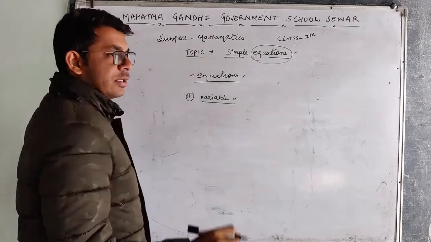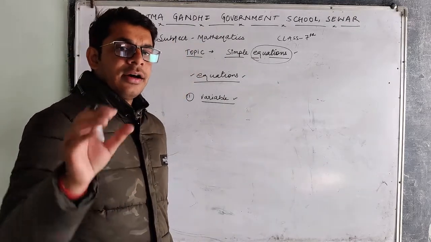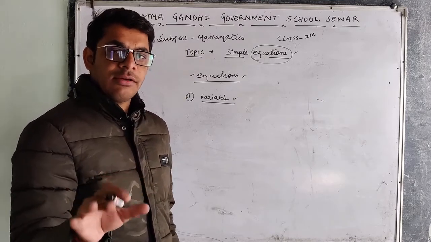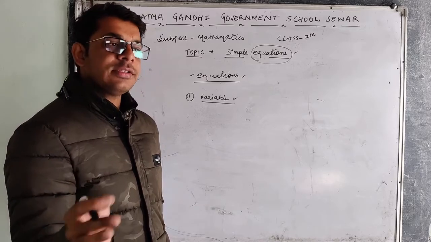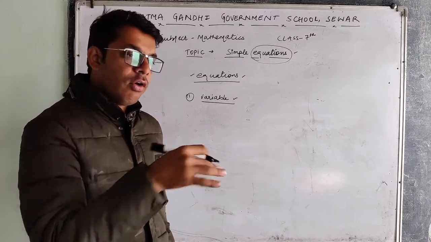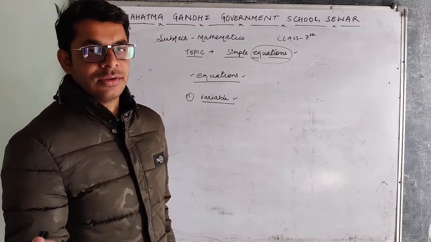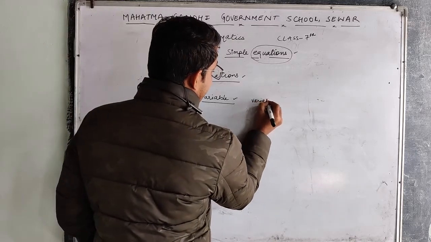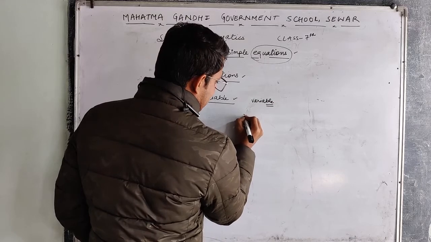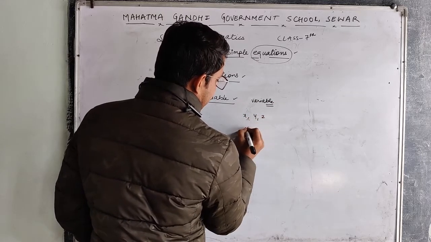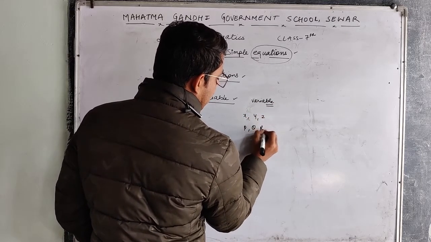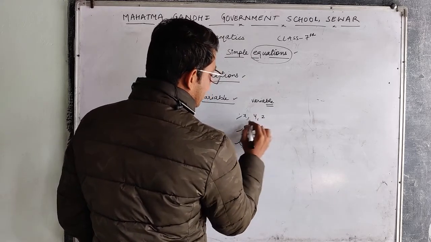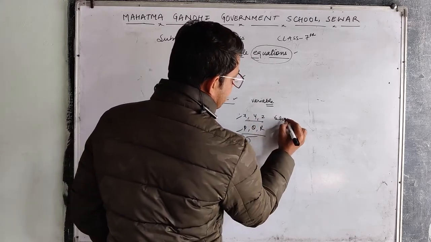If we are taking anything which has a versatile or volatile value, which means the value of anything changes with situation, it's called variable. Like if I say x, y, z, p, q, r, sigma, anything can be a variable, but its value should not be static.